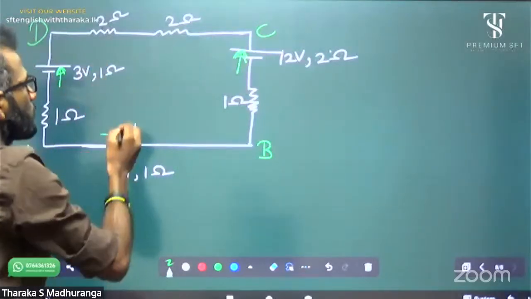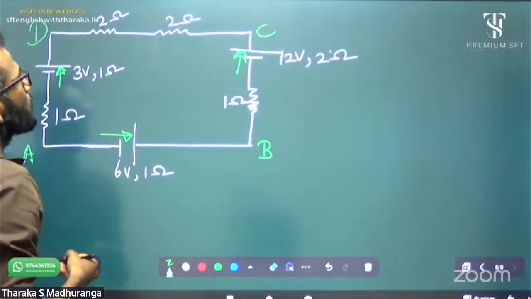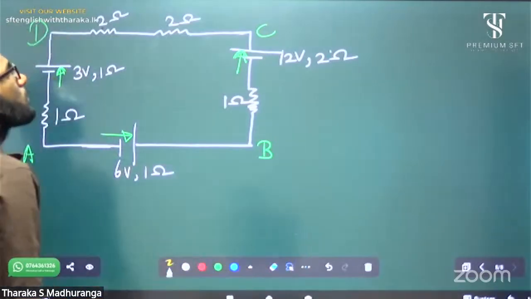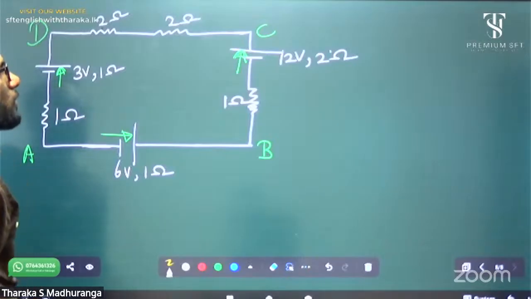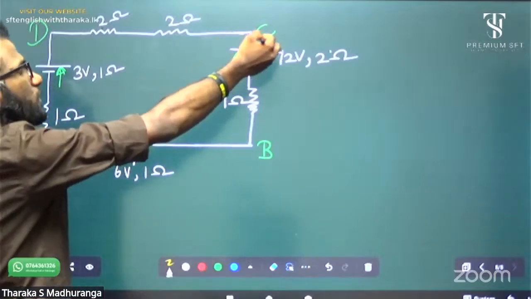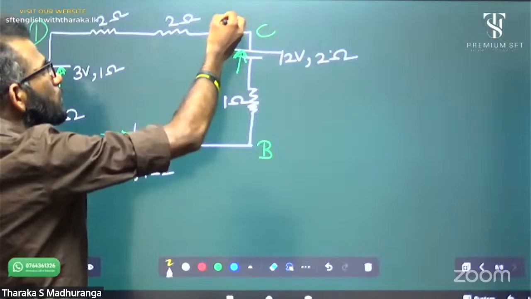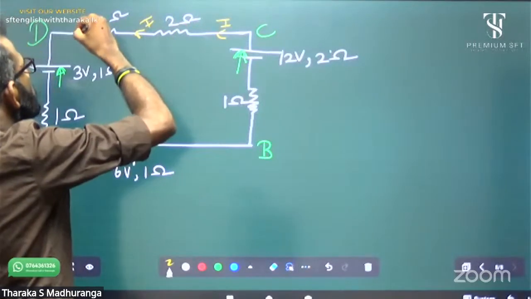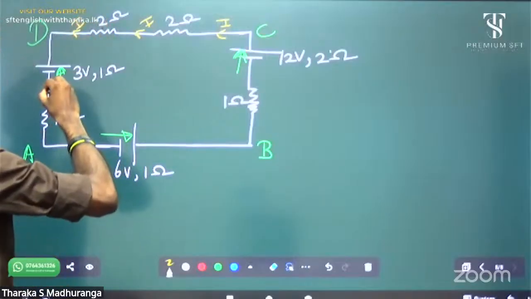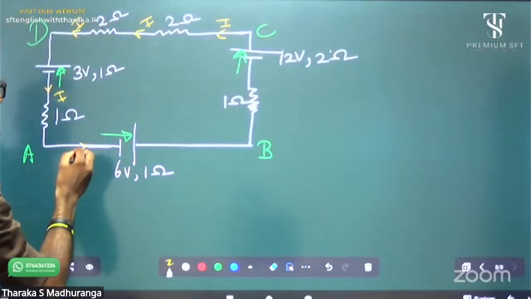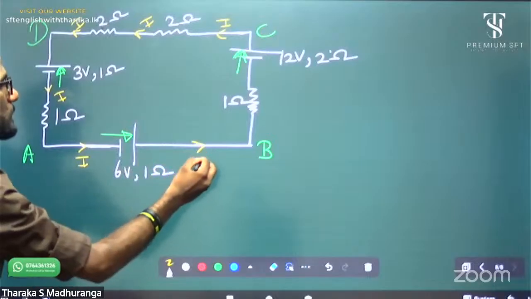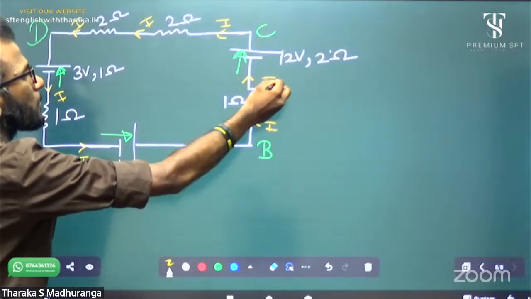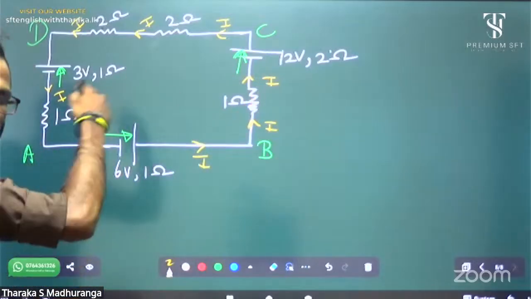So identify plus minus values. Then I'm going to mark current direction. I think current is starting from this battery because it has high voltage, no? Current I, only I, because it's a series system.